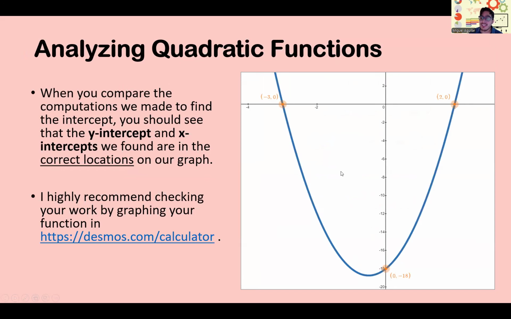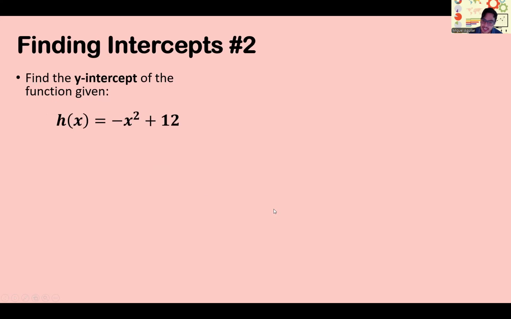And if you look at it, the x-intercepts and the y-intercept are exactly where we predicted them to be. And look there, I gave you the link for desmos.com graphing calculator in the PowerPoint. So if you forget, where is this website where the magical graphing calculator is? It's right here, okay? Let's jump into another example.